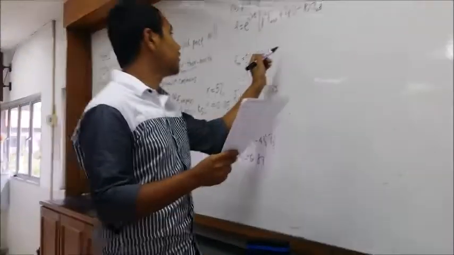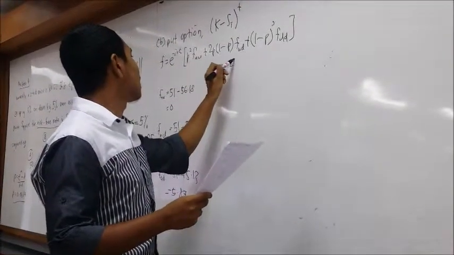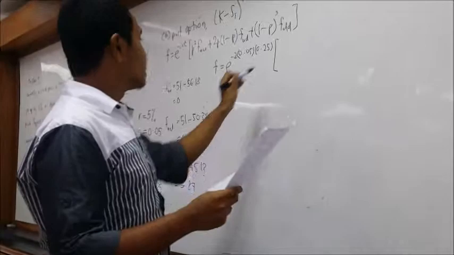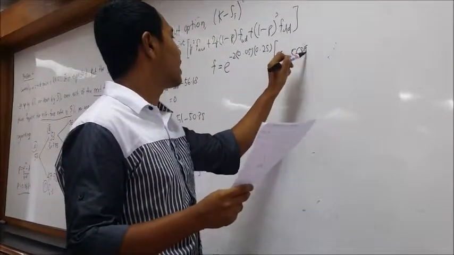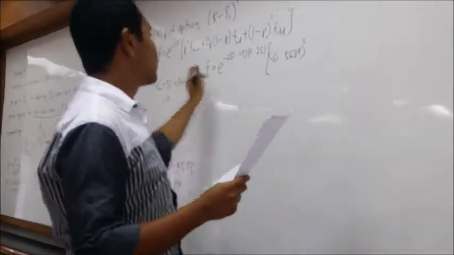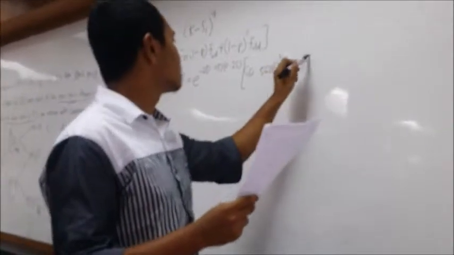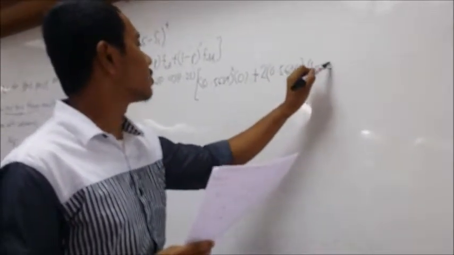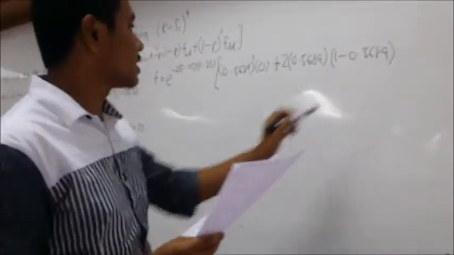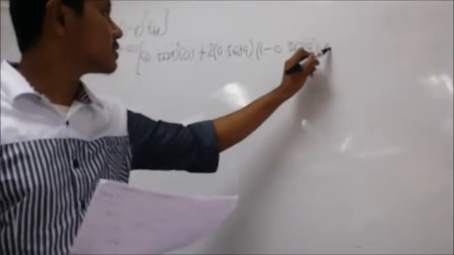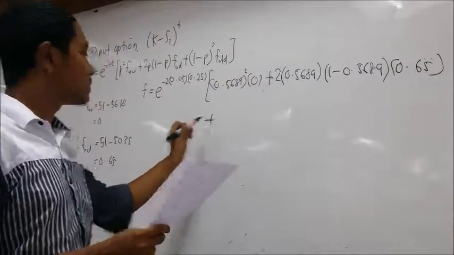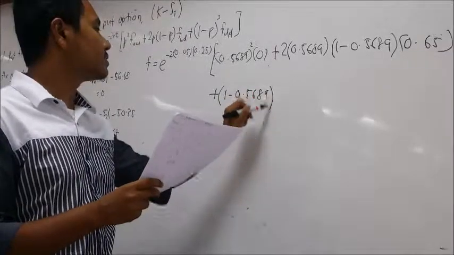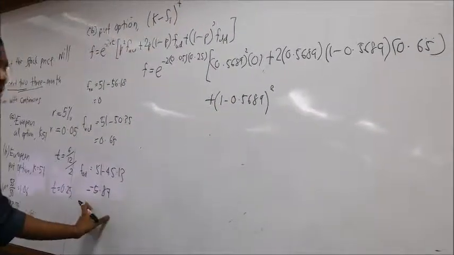So we just put into the formula, F equal to exponent -2, our R is 0.05, our T is 0.5, our P is 0.5689 squared, our FUU is 0, automatically becoming 0, plus 2 times 0.5689 times (1 minus 0.5689) times our FUD, which is 0.65, plus (1 minus 0.5689) squared times FDD, which is 5.87.